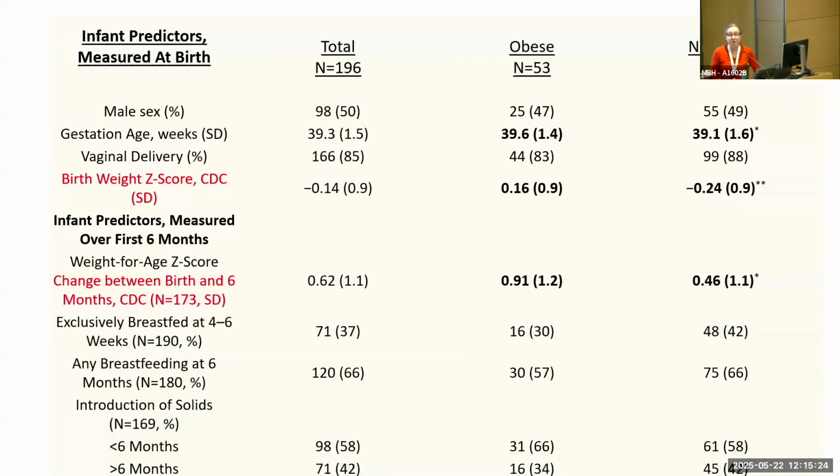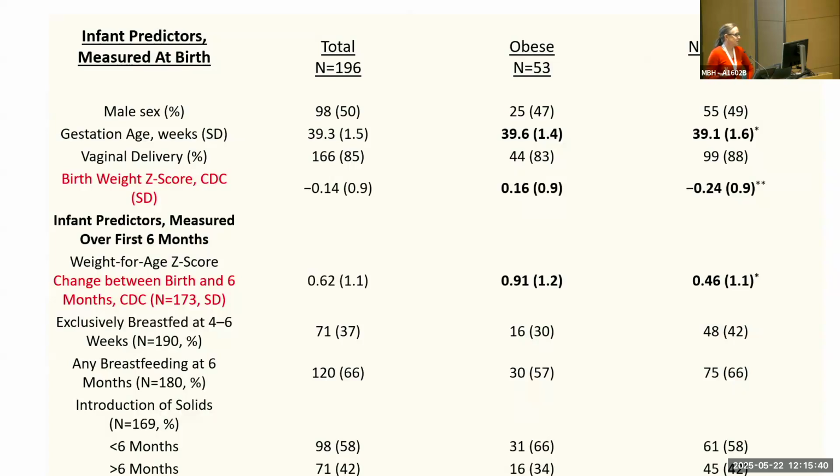And then we looked also at infant predictors. Some of these were, like I said, not necessarily in the medical record, but perhaps had been suggested as possible risk factors by other researchers.